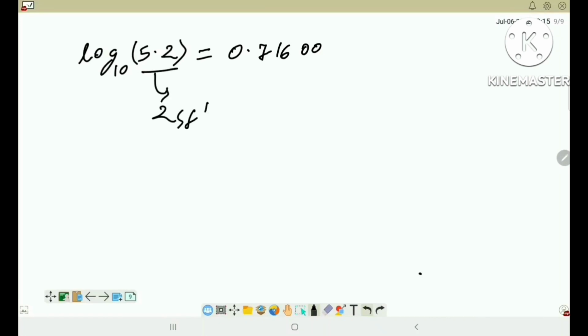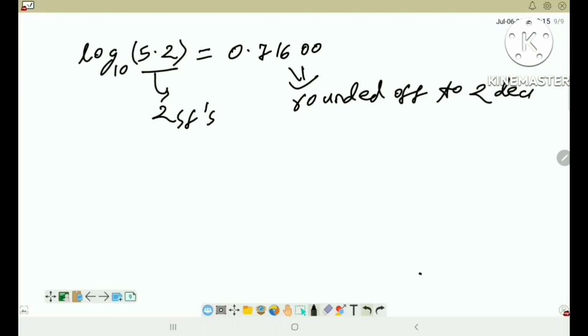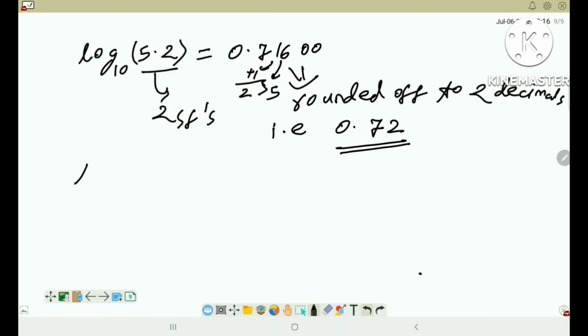As the given number 5.2 has two significant figures, the answer should be rounded off to two significant figures. So, the final number should have two digits after the decimal point. Okay? In 5.2, there are two significant figures. So, the final answer should have two digits after the decimal point.